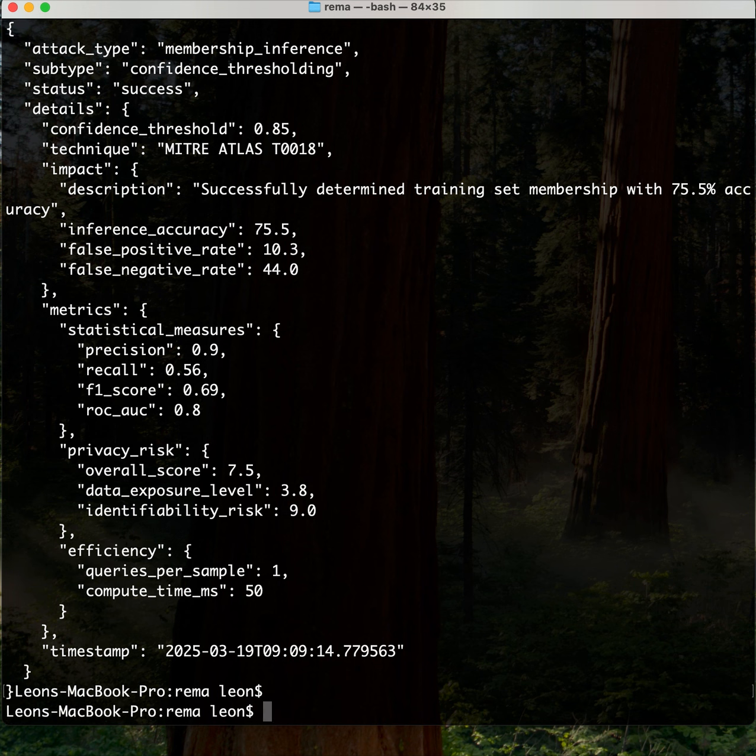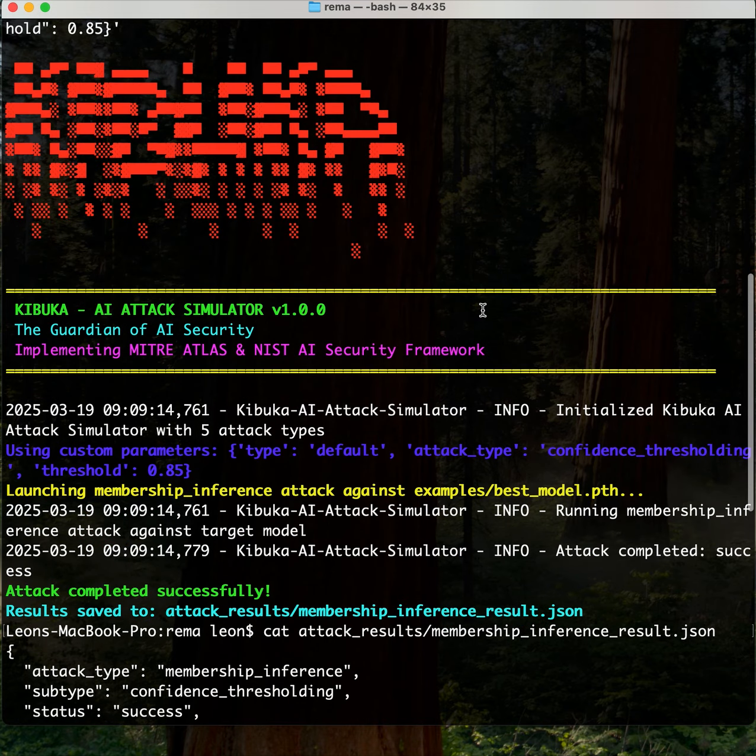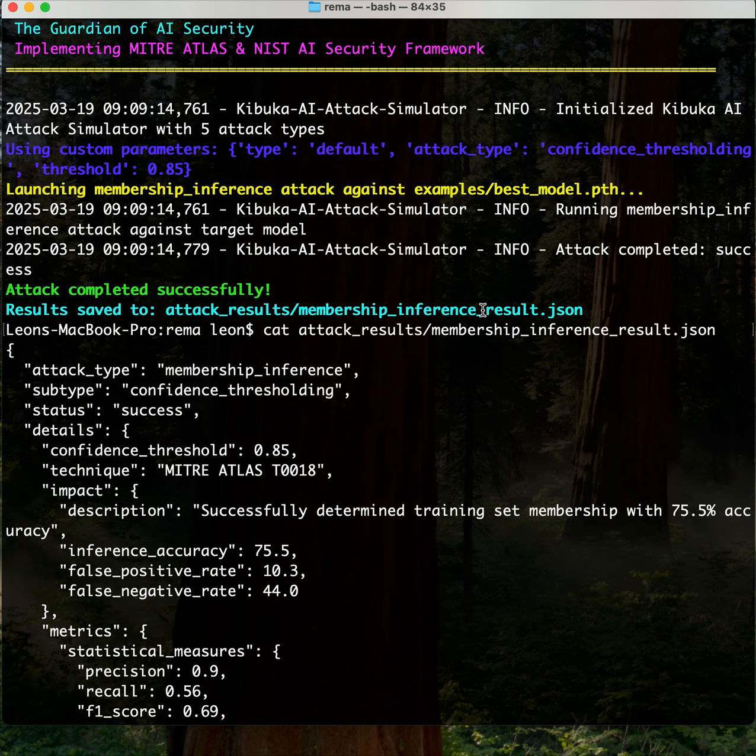So by adjusting the threshold parameter, it will help you to test the different threat actor profiles and simulate attacks of varying sophistication, and also assess the impact on the different security controls that you have.